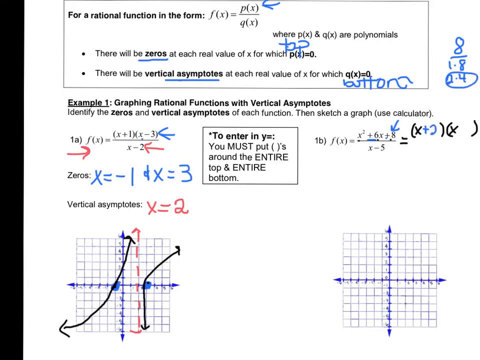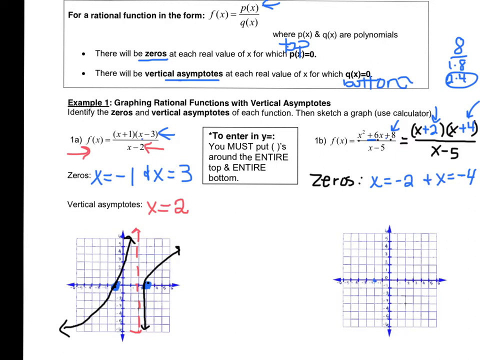So I'll put +2 +4. On the bottom, I'm just going to recopy the x minus 5. Now we can identify what the zeros are. We just look at the top, and since we had +2, one of our zeros will be at -2, and the other 0 will be at -4. So you flip the sign to get the zeros.